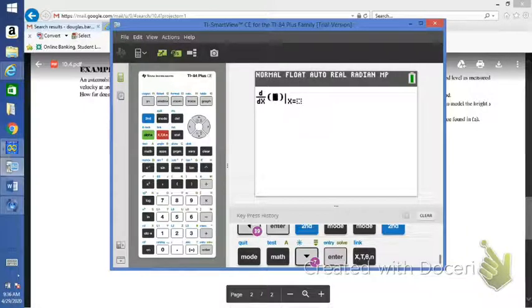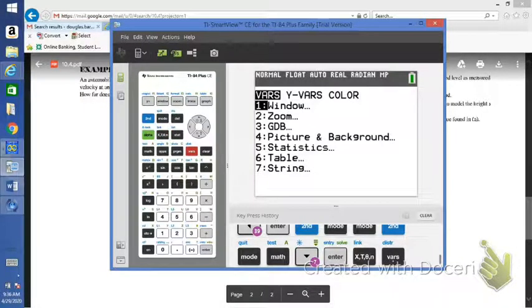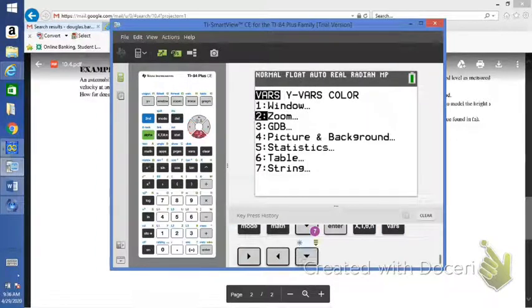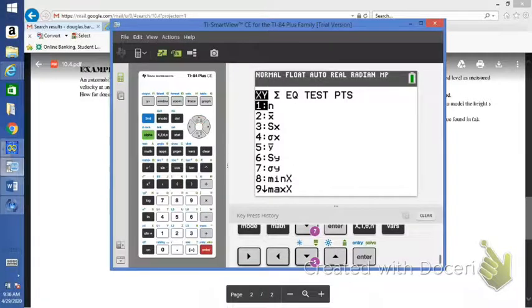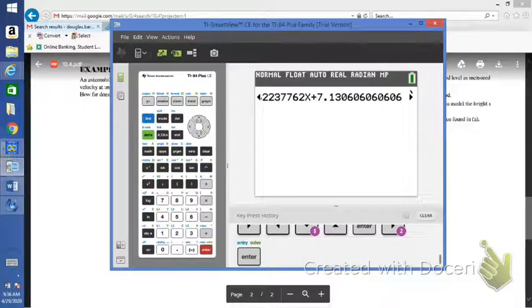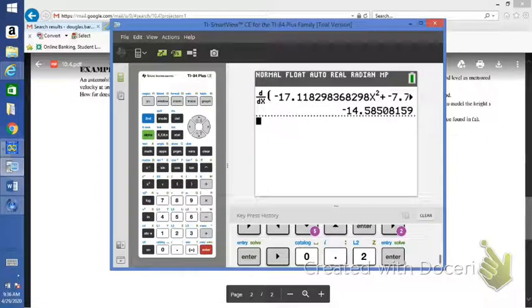So you're going to go to vars, down to stats, equation. Okay, put the regression equation in. And then your x equaling, so we want to find the instantaneous velocity at 0.2 and hit enter. Alright, and there you have it.